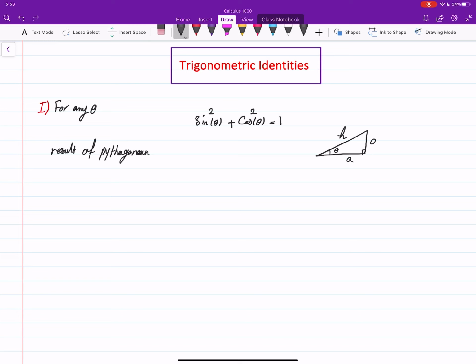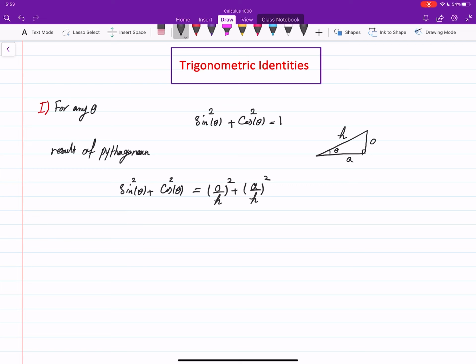Then sine of theta, by definition, is opposite over hypotenuse. If you square it, this will be squared. You add this to cosine theta, which is adjacent over hypotenuse, and if you square that, this will be squared.